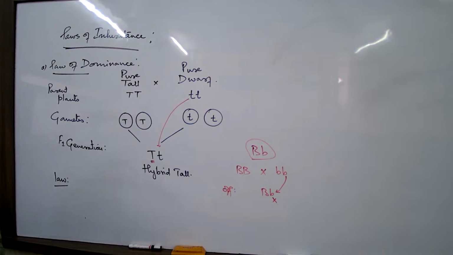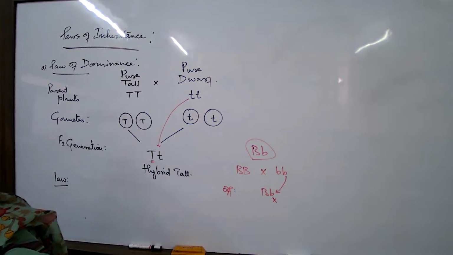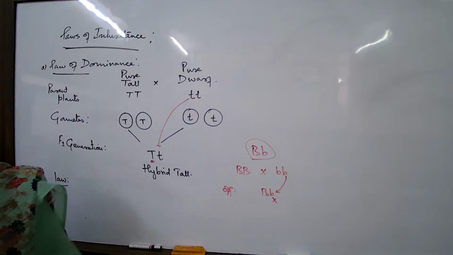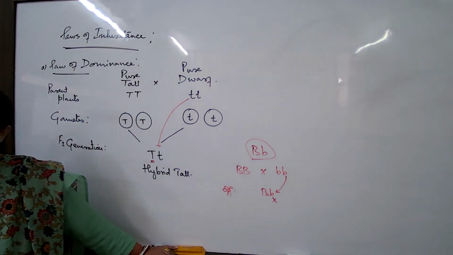First you write that example. Then the next part should be, this is because the trait dash is recessive and though it is inherited, it's not able to express.